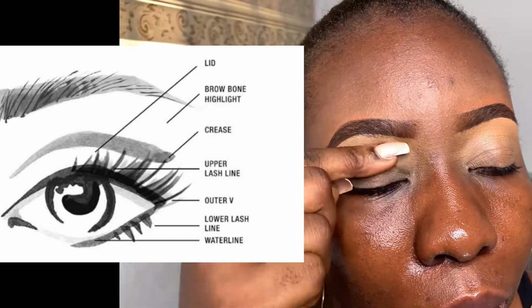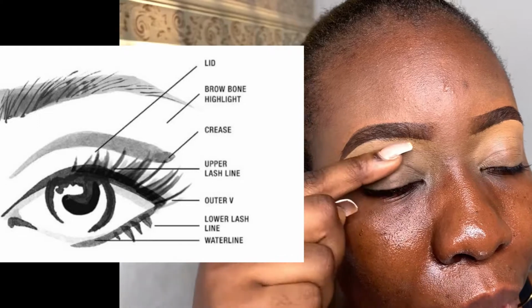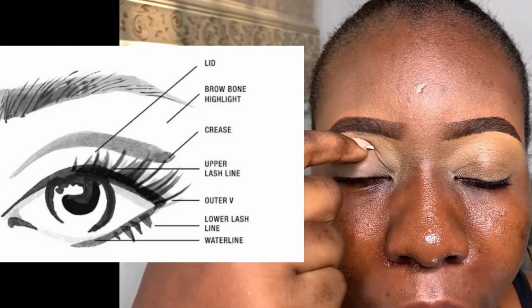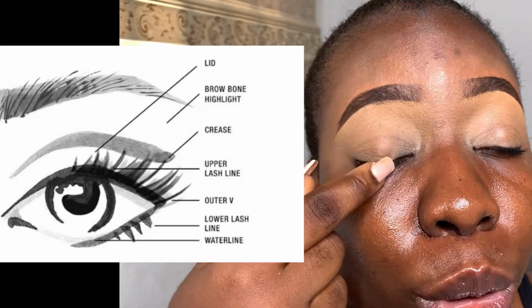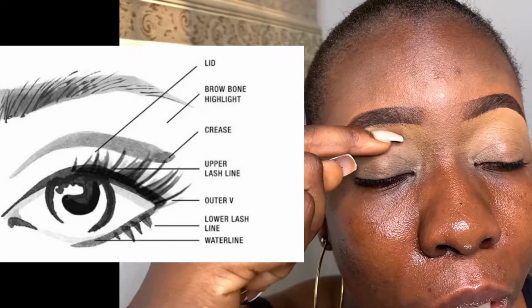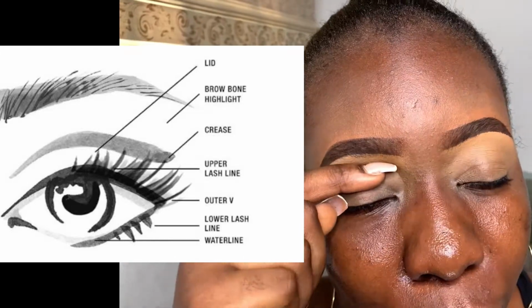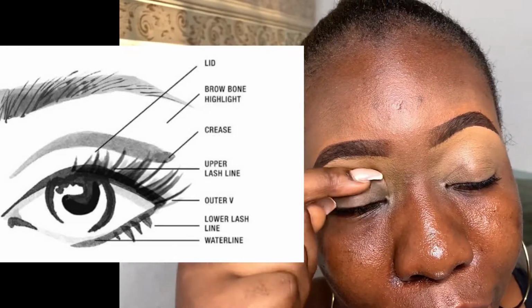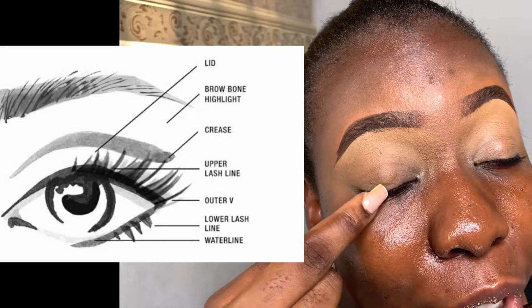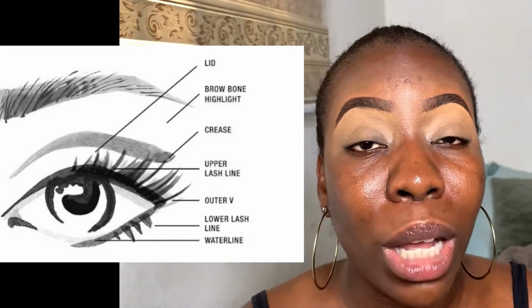Can you feel the socket in your eyes? From that socket, this is mine, from that socket down to this place is called your eyelid. So that is how to identify your eyelid.